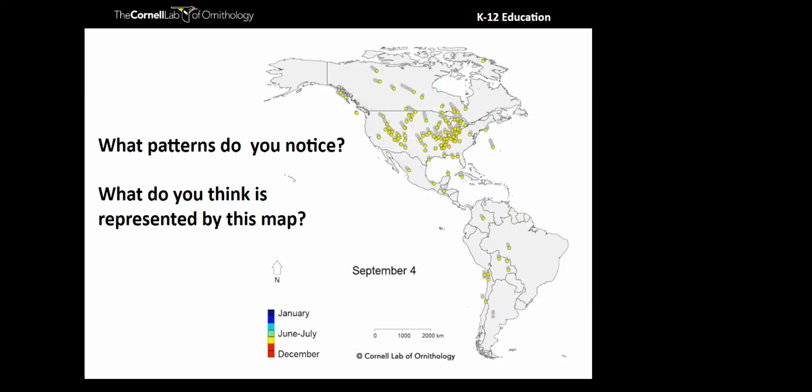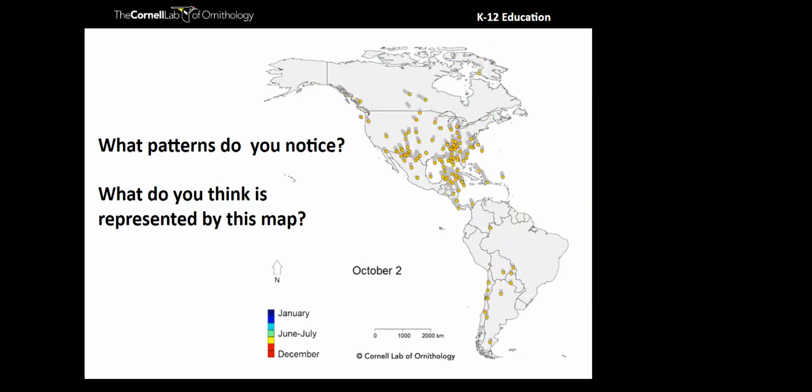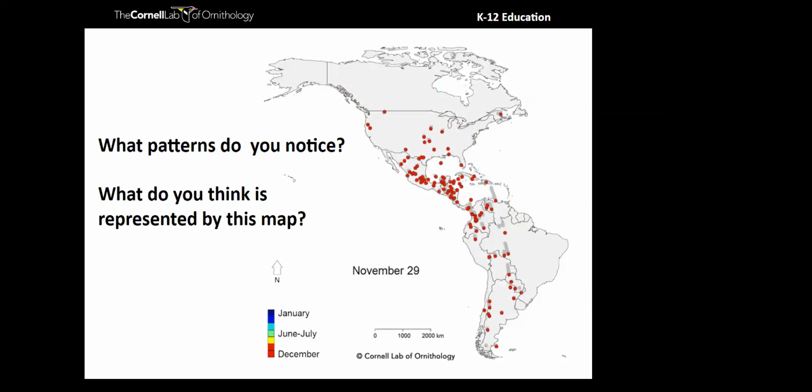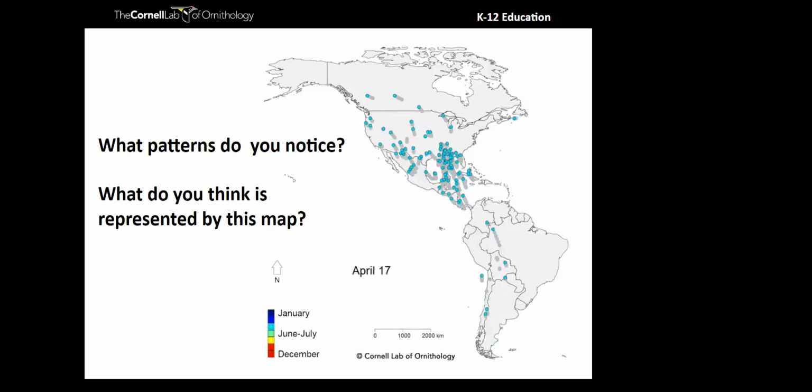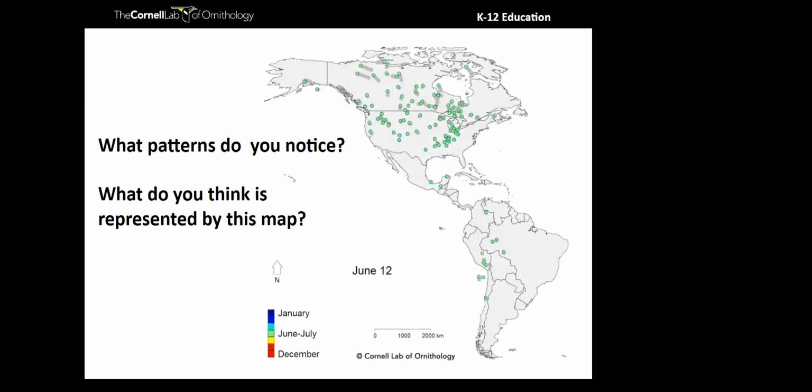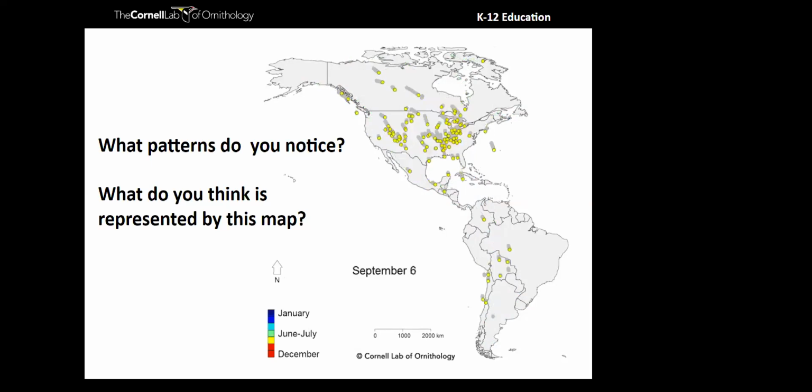What's represented here is, I believe, 118 different species of birds. Each dot represents a different species. And the location of the dot is the central point where all the eBird data was submitted from. So, for example, a dot might show up near St. Louis, Missouri, but that bird might range the entire United States or the entire United States into Canada.